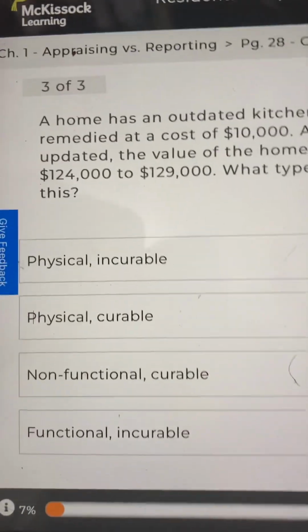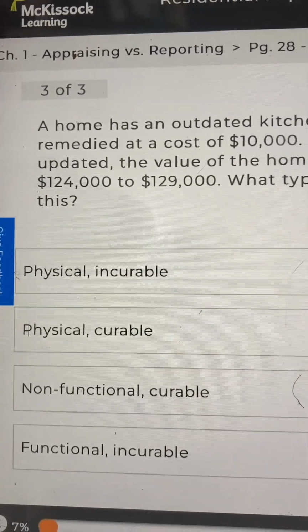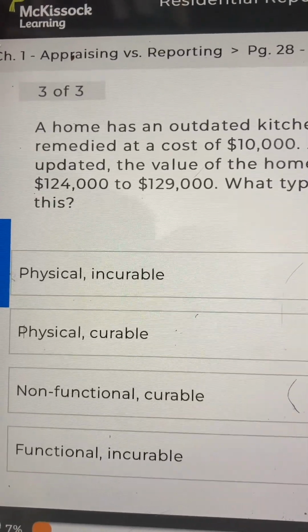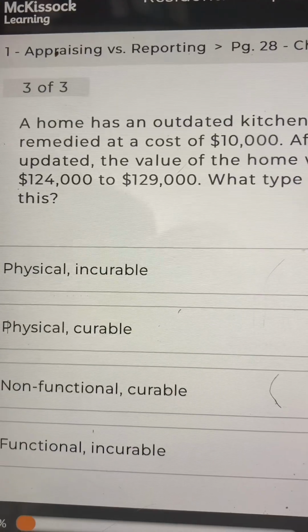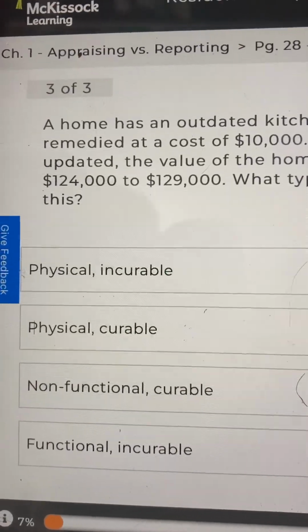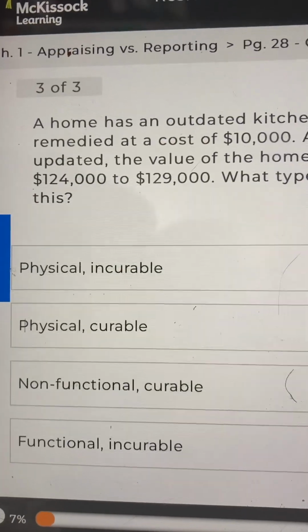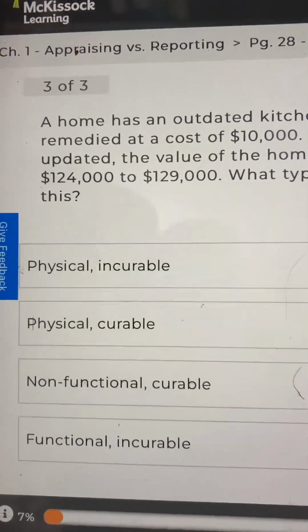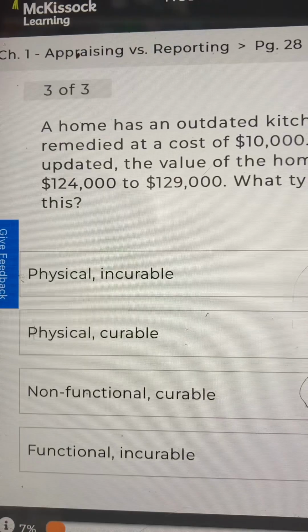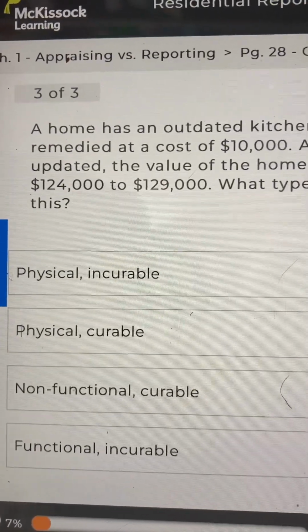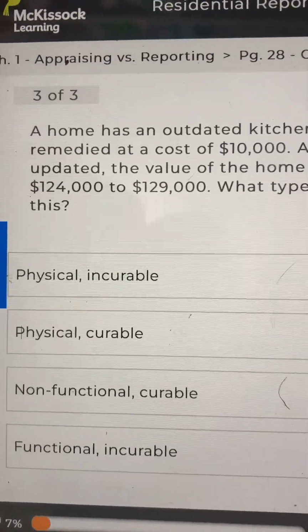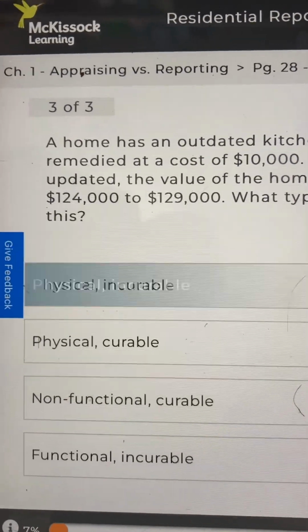What type of depreciation is this? A. Physical and incurable. B. Physical and curable. C. Non-functional and curable. Or D. Functional and incurable. I'm going to go A. Physical and incurable.